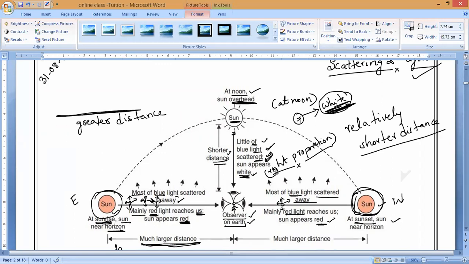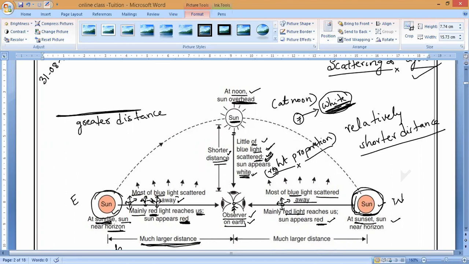But here, what is that? Noon time. Shorter. Understand? It needs to travel a very little journey, a shorter distance. So that is why there is a shorter journey during noon time and a longer journey during sunrise and sunset. Here, because of the long journey, most of the blue light is scattered away.